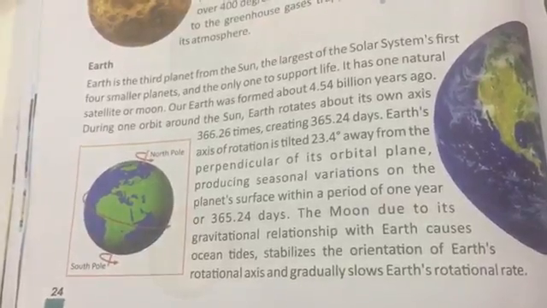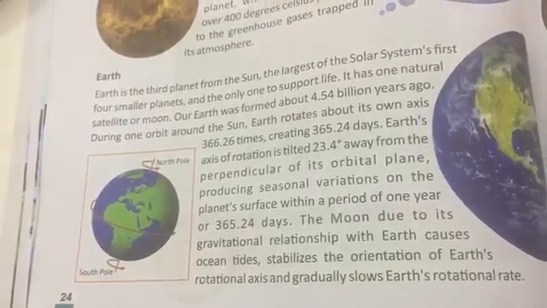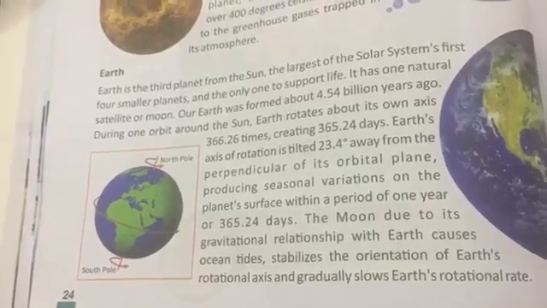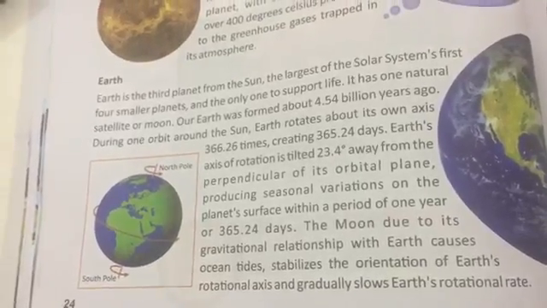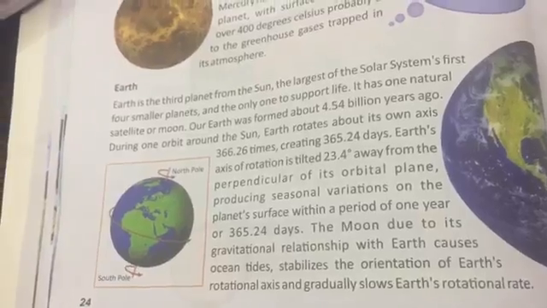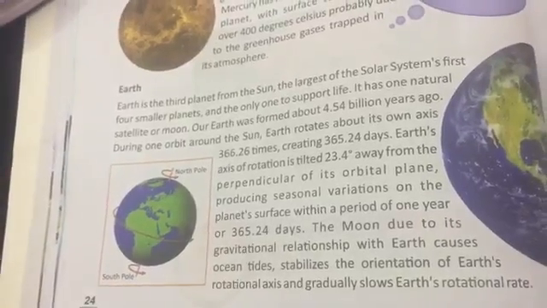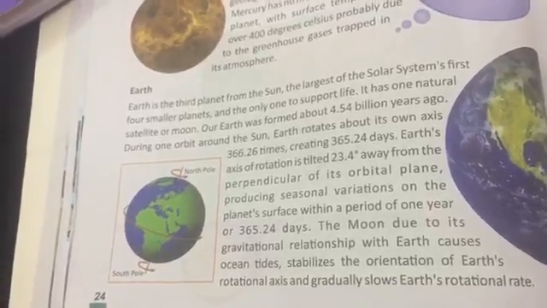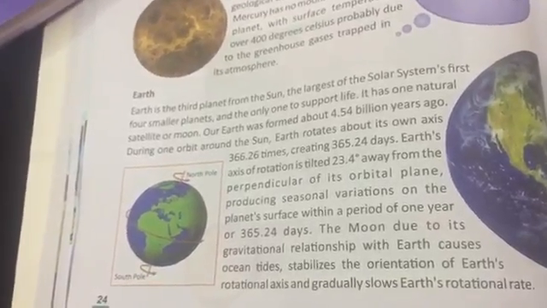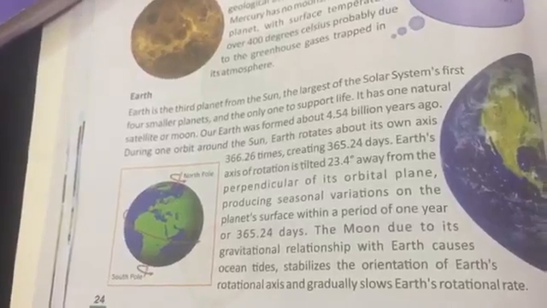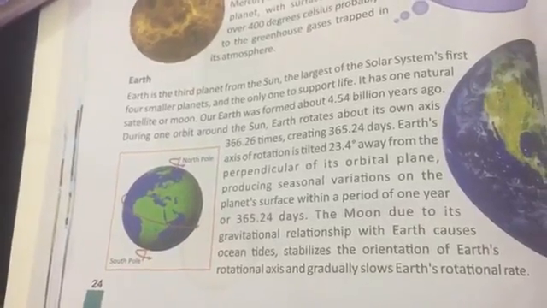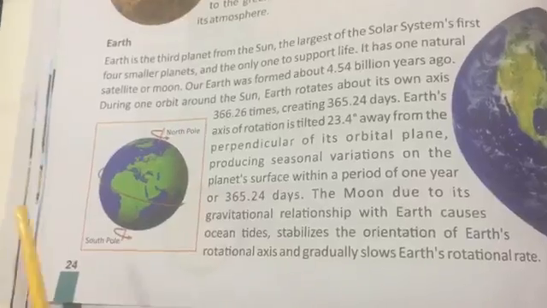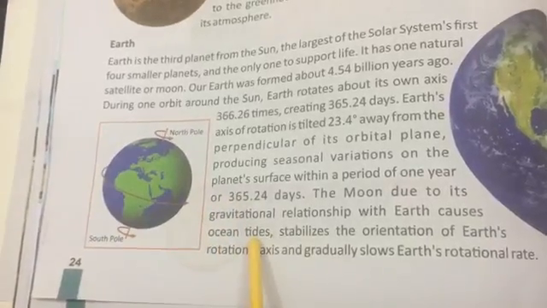Earth and the Moon also have a gravitational relationship, so the Moon revolves around the Earth, completing 1 month. Due to that gravitational relationship, there are ocean tides, right?